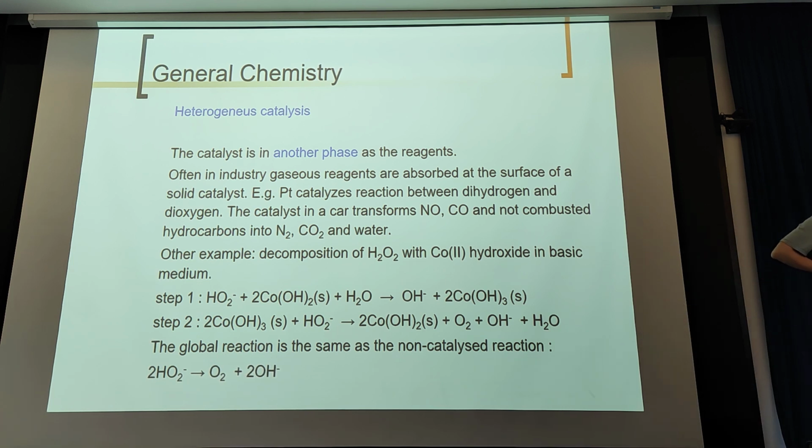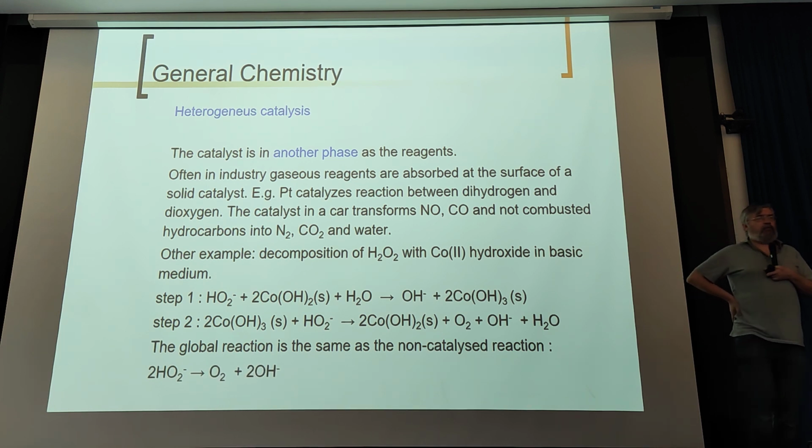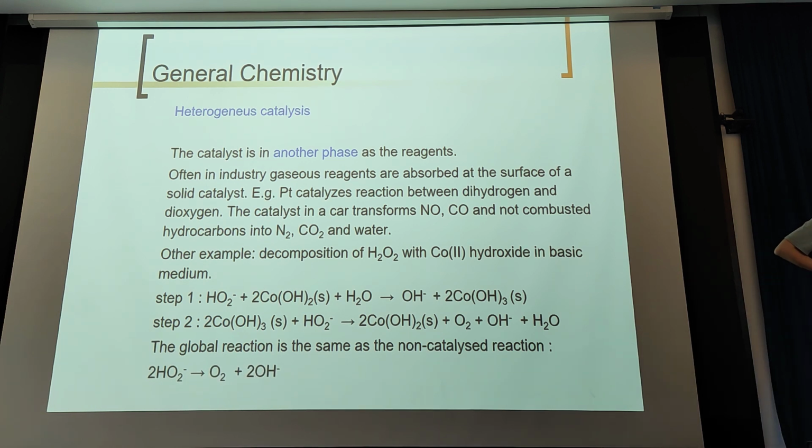They transform it into innocent gases like dinitrogen, CO2, and water. Before we had these catalysts, traffic was much more polluting. You had stuff like acid rain because the nitrogen oxides give not sulfuric, but nitric acid when they combine with water.